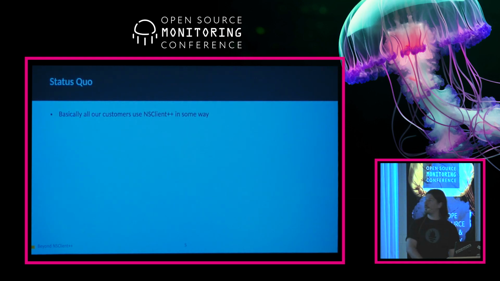But well, there are a couple of problems. Like I said, all our customers are using NSClient in at least some way. Before starting this project, I thought about 15,000 installations, but I was wrong. We're talking about 250,000 installations of NSClient across our customers.